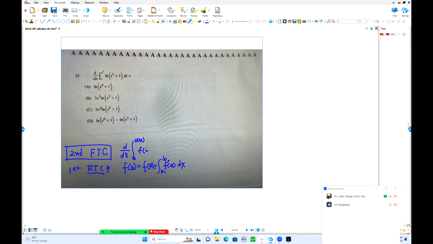If this is f of t, and you take an integral with respect to x, but the upper limit is now a function of x, and we take a derivative with respect to x again, the rule is: this u goes into the t. After that, the function of x is multiplied by its derivative, u prime. That's the second fundamental theorem of calculus.